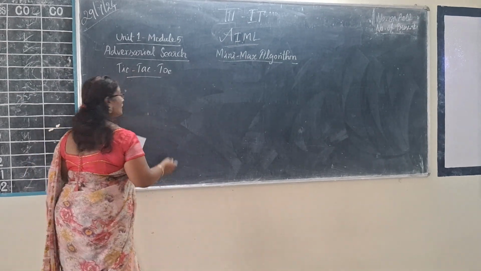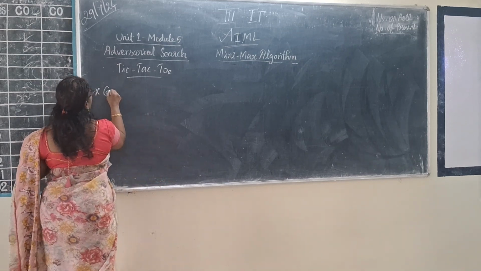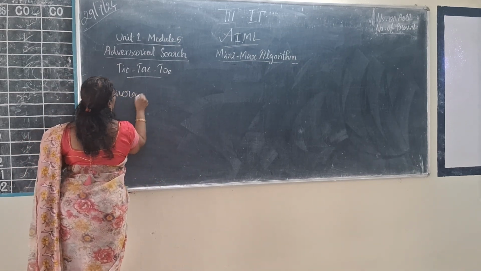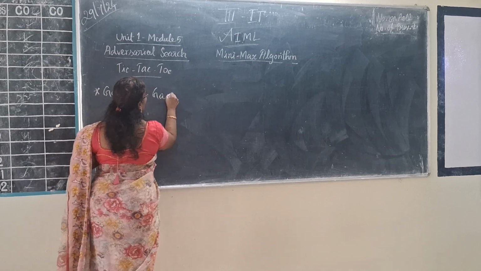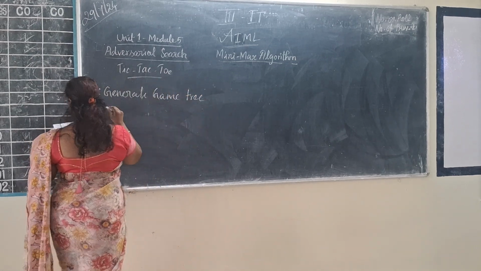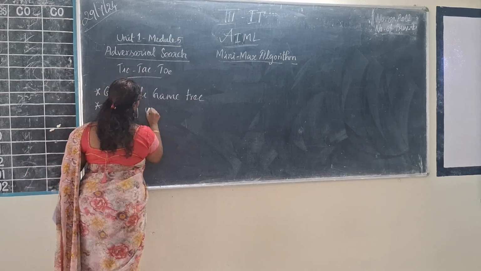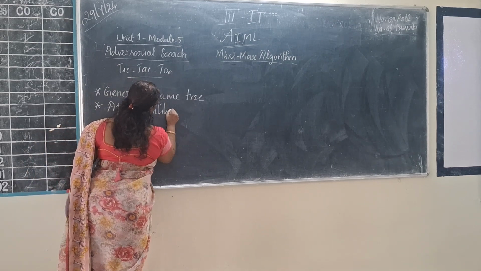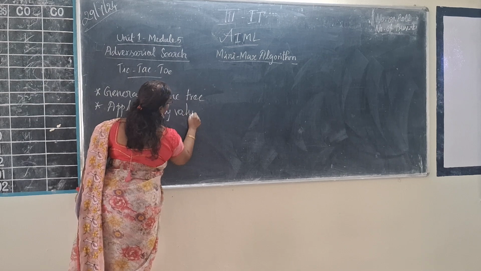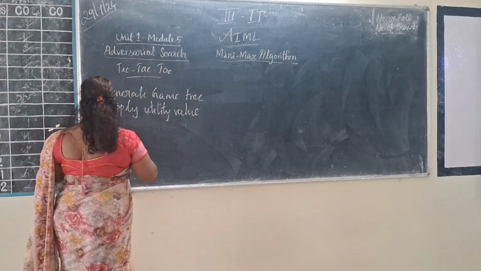With respect to this, a few points you need to remember. First, we need to generate the main tree, which you are seeing on the screen. Next, we need to apply the utility values, which are also given there. Utility values are given only for the leaf nodes; we need to get them for the root node.